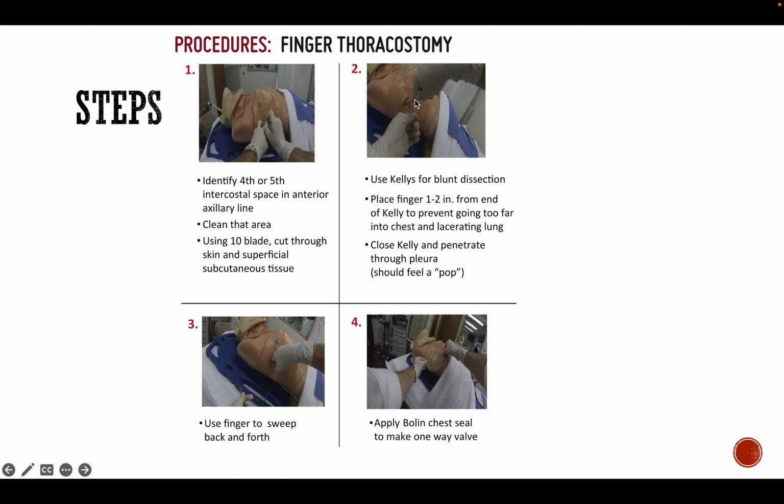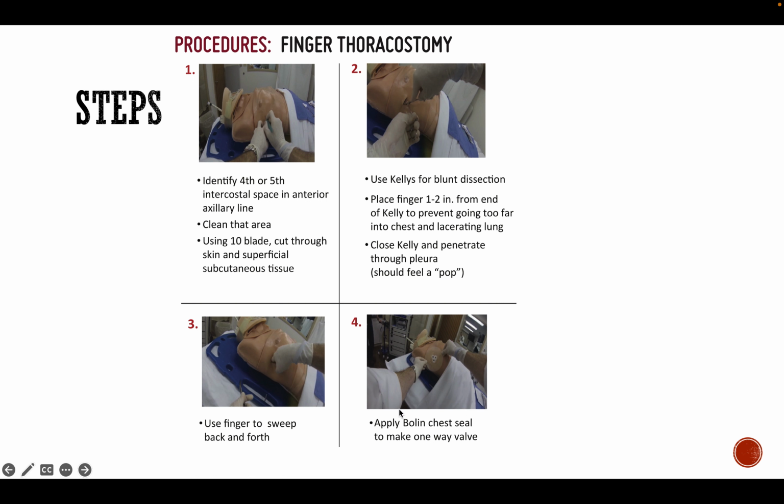Notice that he is grabbing the tip of this Kelly clamp to bluntly dissect to prevent it going further. What you can do is feel a pop once you've passed the parietal pleura into the actual pleural space itself. His finger goes into the chest, and this evacuates any type of fluid, pleural effusion, hemothorax, or air.